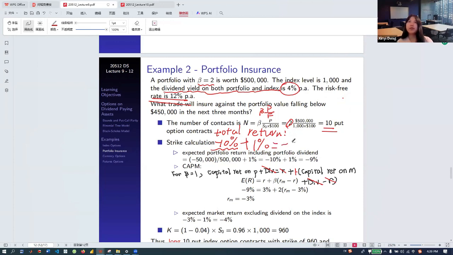Therefore, the total return for your equity portfolio is minus 9%.